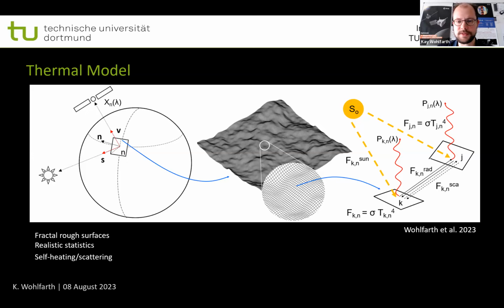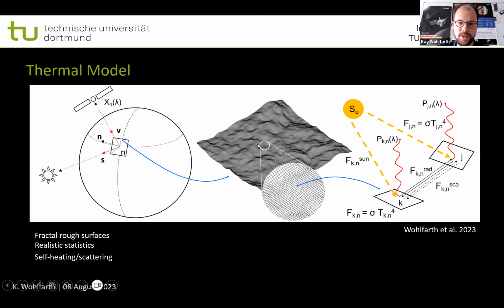And this gives an algorithm that outputs fractal surfaces, and you can generate tons of different random fractals that behave like the moon does.